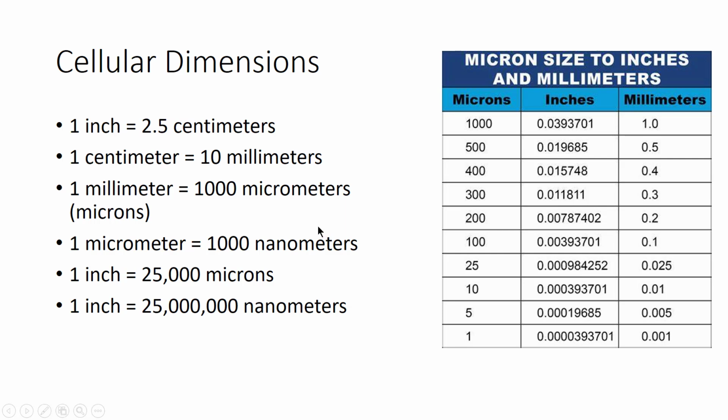So a nanometer is the smallest unit of measure that we typically use, and that's when you start using that measure to measure some specific internal part of a cell, like the size of a protein, for example. So 1 inch is approximately 25,000 microns, or 25 million nanometers. So when we start looking at some of the dimensions here, you'll see that those types of numbers are necessary to understand what we're measuring.